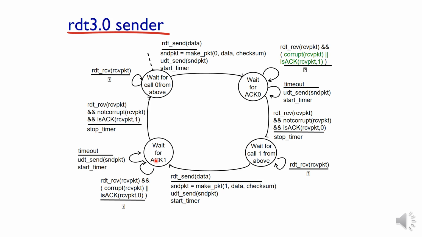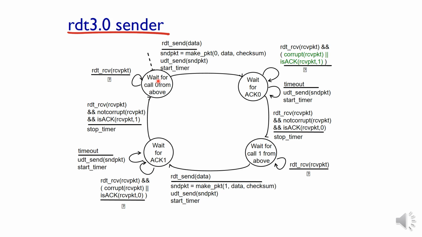So, at this time, this is the positive scenario. Waiting for acknowledgement 1, the acknowledgement is received, it is not corrupted, and it is the expected acknowledgement also. That is, in this state it is waiting for acknowledgement 1 and the received acknowledgement is also 1. At that time it will go to the next state. Before that the timer is stopped.